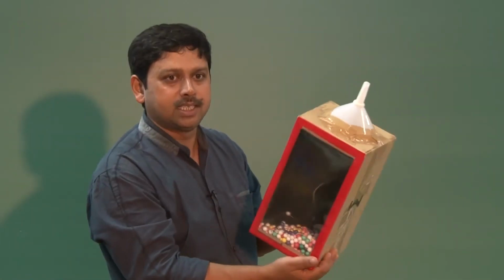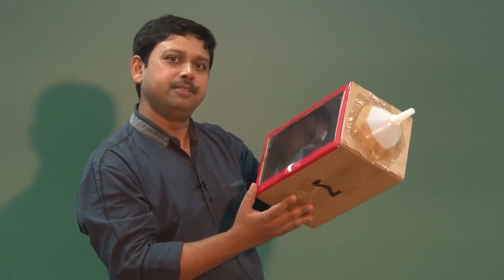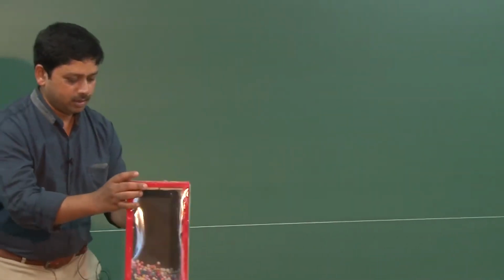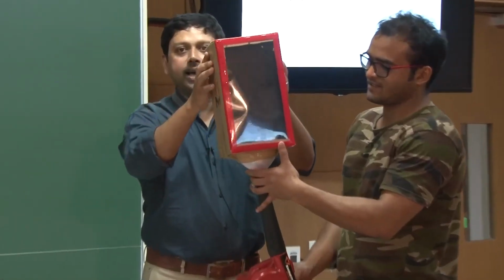The mass of these particles is too high for it. Therefore, we are going to induce a flow of air inside this chamber and mimic how these things would have moved if they were very tiny particles in a box. So, we are going to place it. Okay. Now we are going to flow air through this.